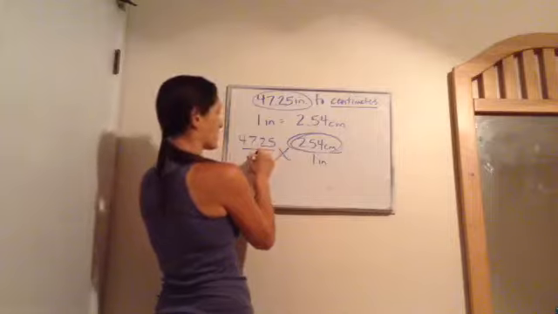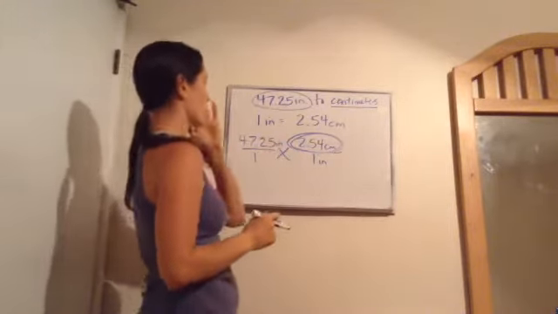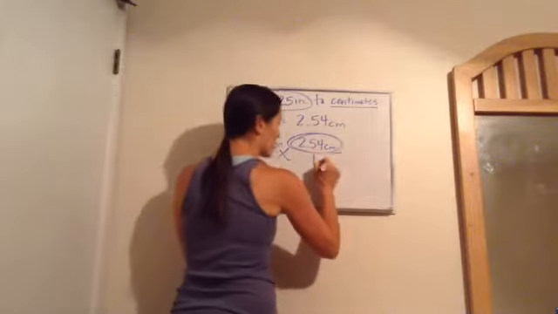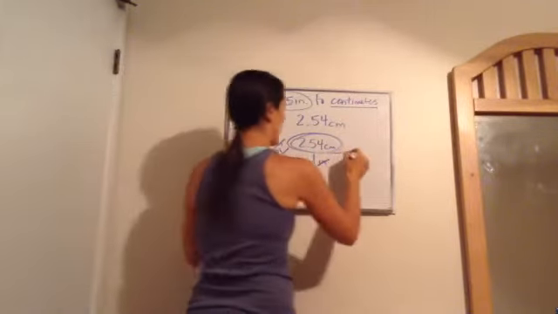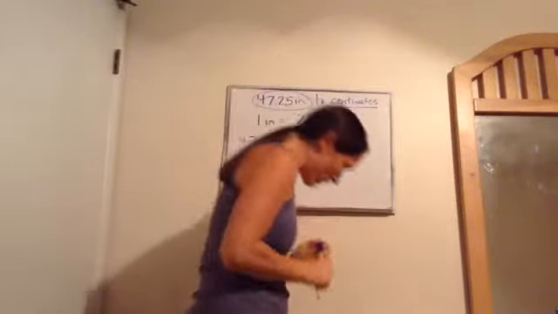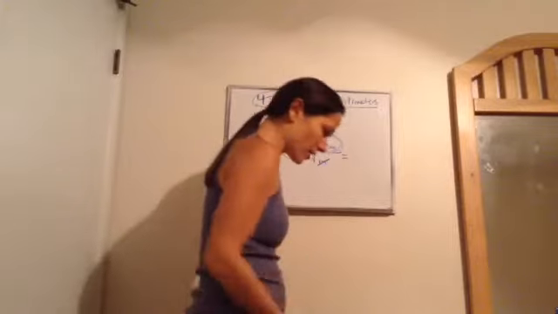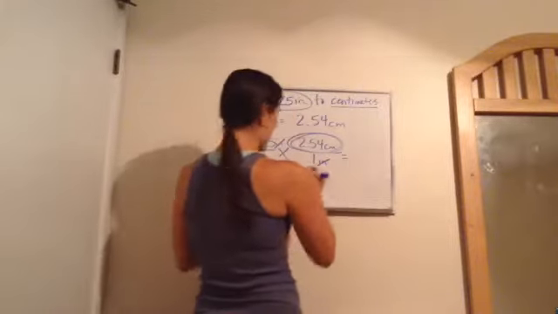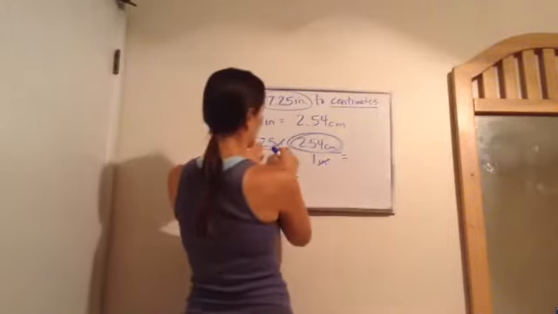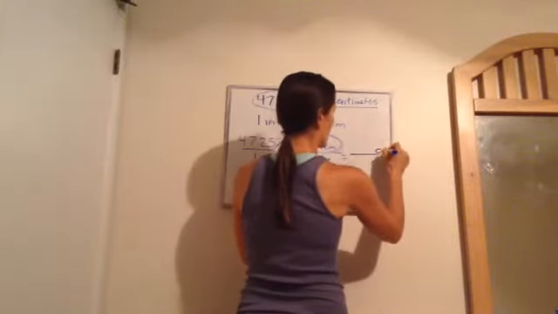And let's go on and put this over 1. And I'm going to put inches right there since it's 47.25 inches. Now remember, you can cross out your inches. And now we're going to multiply 47.25 times 2.54. And the final answer for that, gosh, they're not giving us the final answers. Anyway, you would just multiply that times that, and whatever you would get, it would be that answer, centimeters.